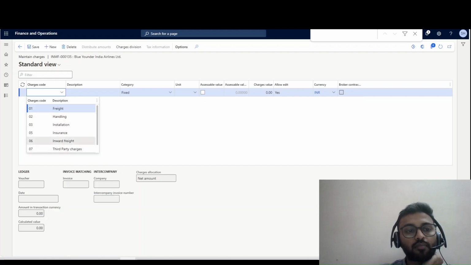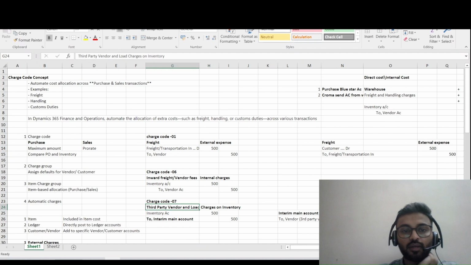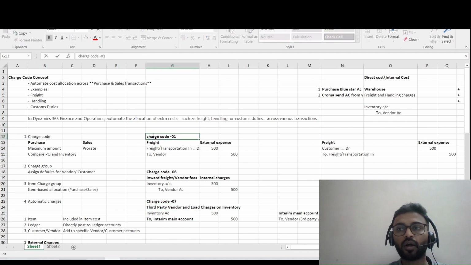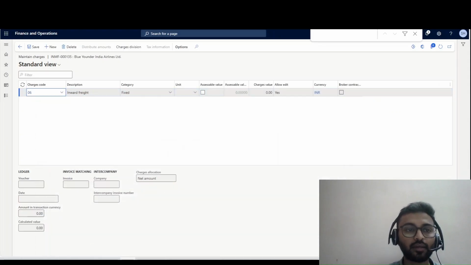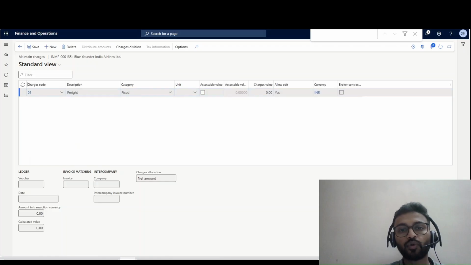Here I'm adding freight, sorry, not inward charges. And I'm just writing here a fixed amount of 2000.